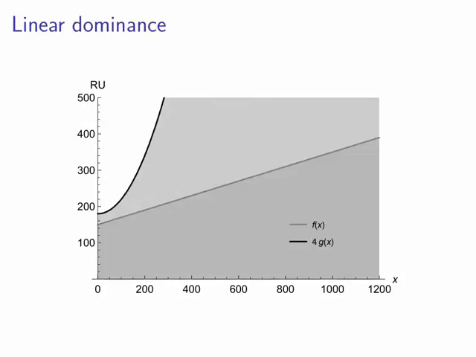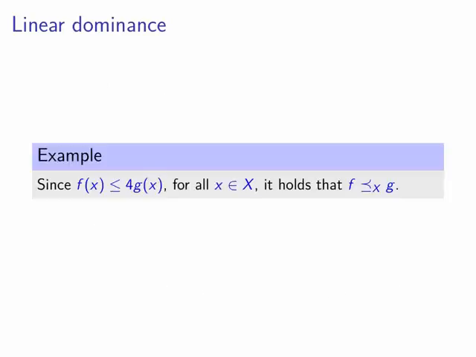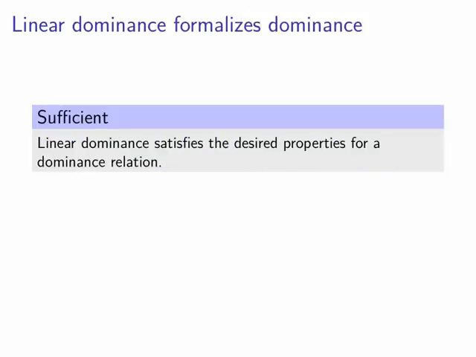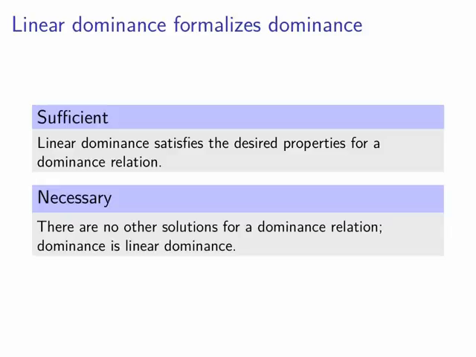Since f is at most 4 times g, we have that f is dominated by g in the sense of linear dominance. Linear dominance satisfies all of the desired properties for a dominance relation, as we listed them. There are no other solutions for a dominance relation. Dominance is linear dominance.